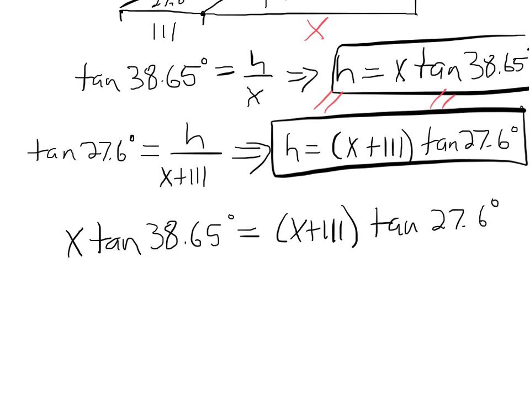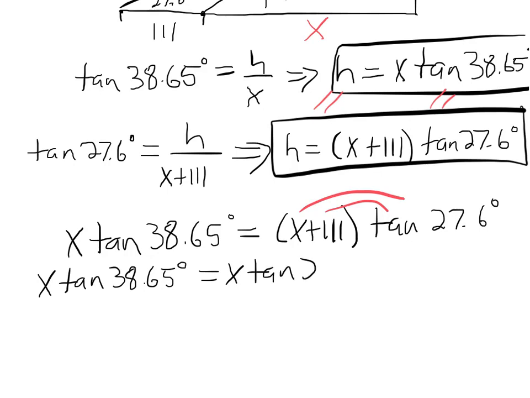So first we simplify. We simplify by distributing the tangent through this parenthesis, and getting x tangent 38.65 degrees equals x tangent 27.6 degrees plus 111 tangent 27.6 degrees. Okay, closer.